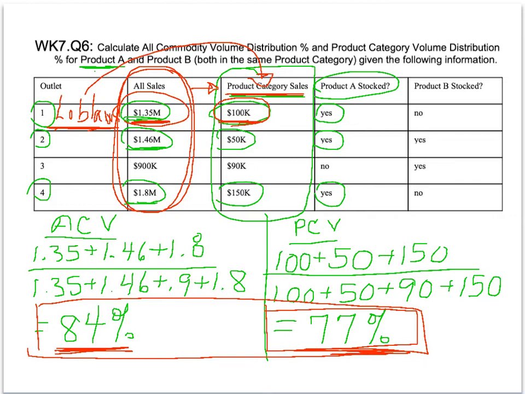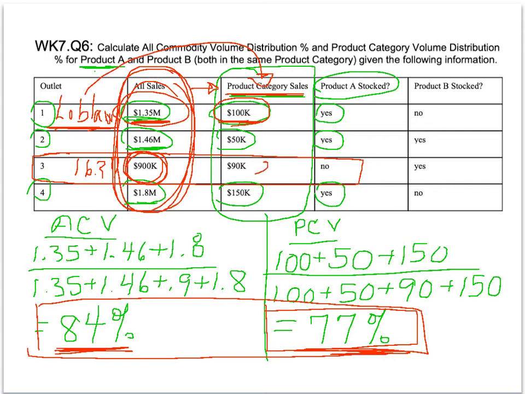The reason for that is the fact that you're not available in outlet number 3, where outlet number 3 is only selling $900,000 worth of total goods, which represents 16.3% of the total sales. But they're a big player in the toilet paper market.